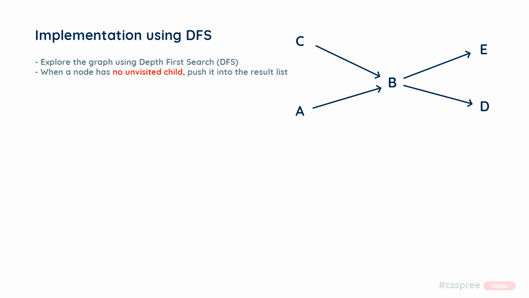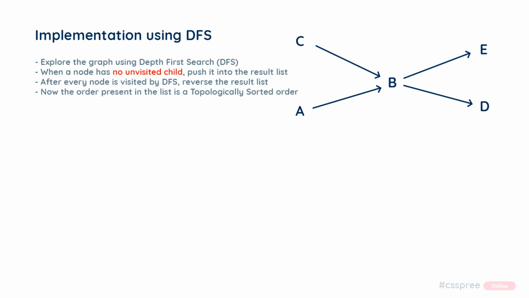When we find an unvisited child, we will put it into our list, and after visiting all the nodes of this graph, we will get a list. But we need to reverse this list, and the reversed list will be our topologically sorted order. There can be more than one topological order in any acyclic graph.